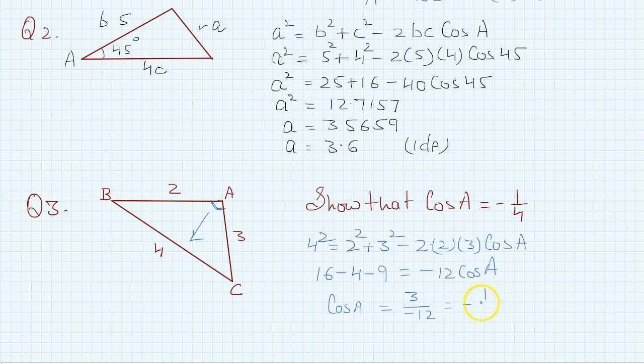So this is minus 1 over 4. So cos A is equal to minus 1 over 4. That is what we are supposed to prove.